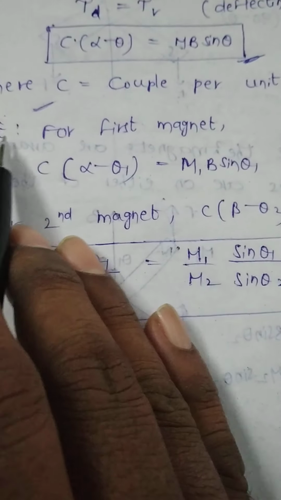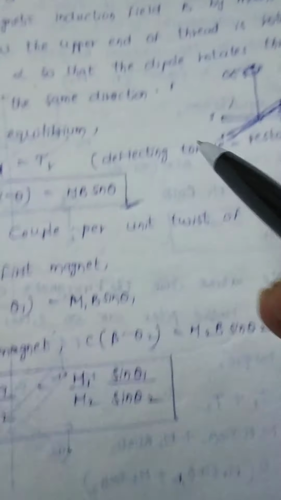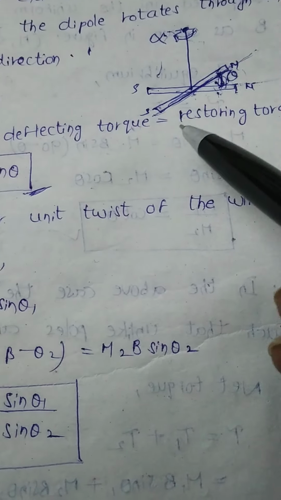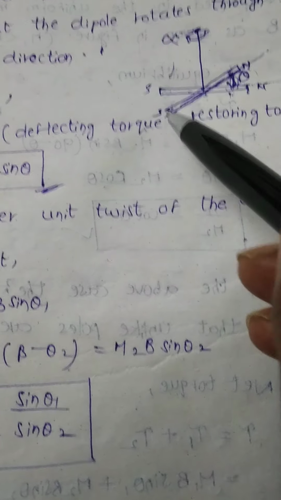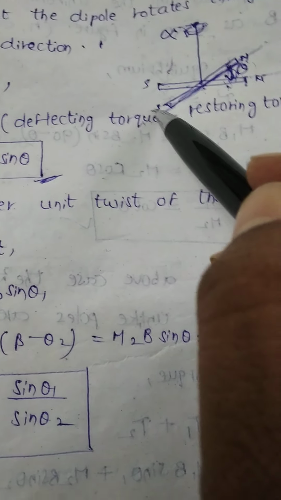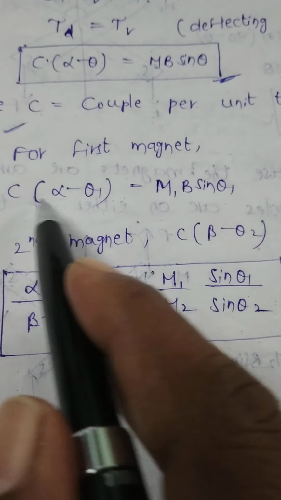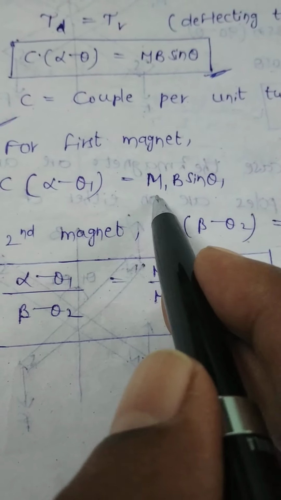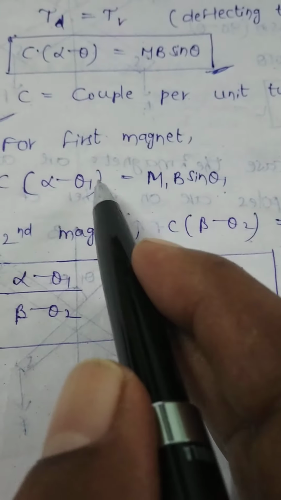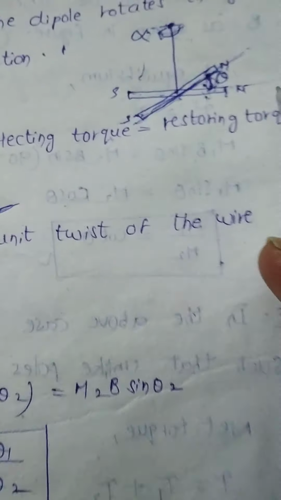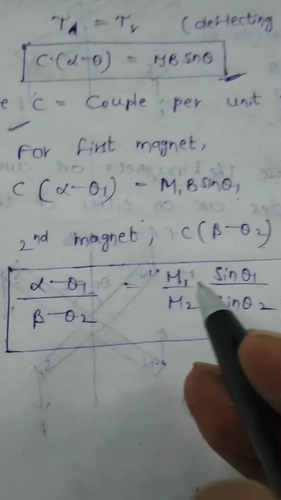Again, in the same situation, a magnet of moment M1 is suspended first. For the first magnet, C into alpha minus theta 1 is equal to M1 B sin theta 1, where theta 1 is the angle through which the magnet rotates.